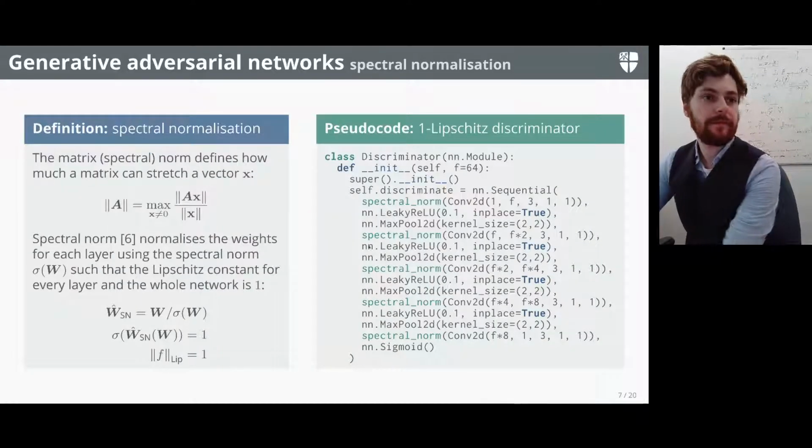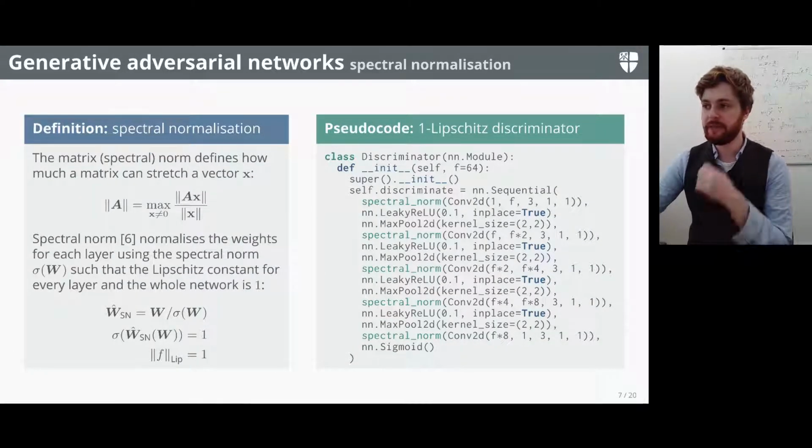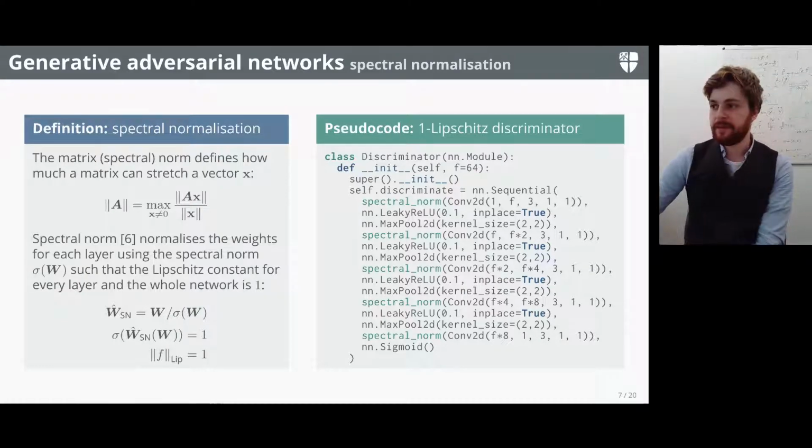So there was this remarkable paper that came from Japan by Takeru Miyato. The authors found a way to make the discriminator perfectly one Lipschitz for almost no performance increase by something called spectral normalisation. These are layers which you use to replace batch norm layers in your discriminator.